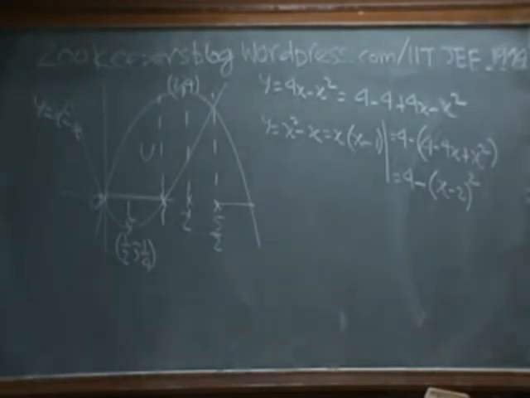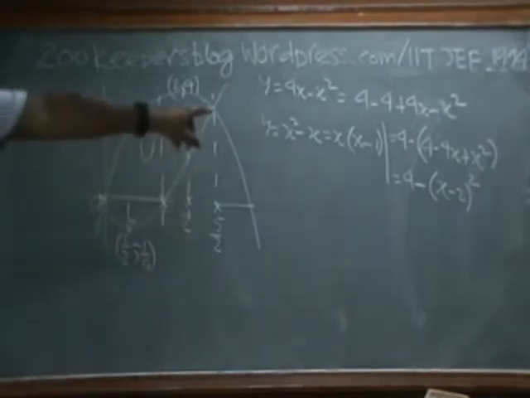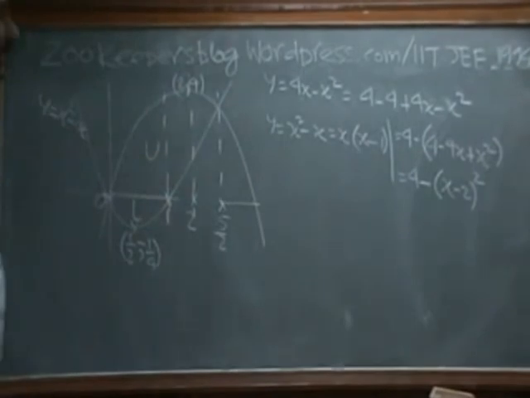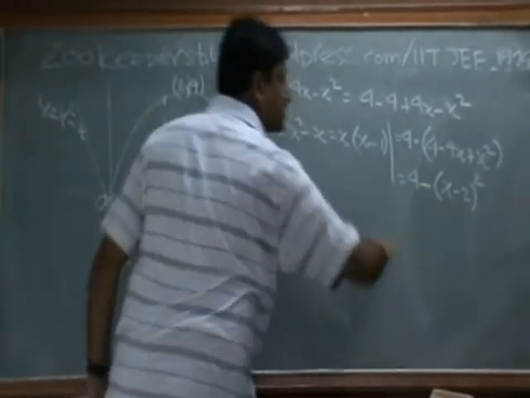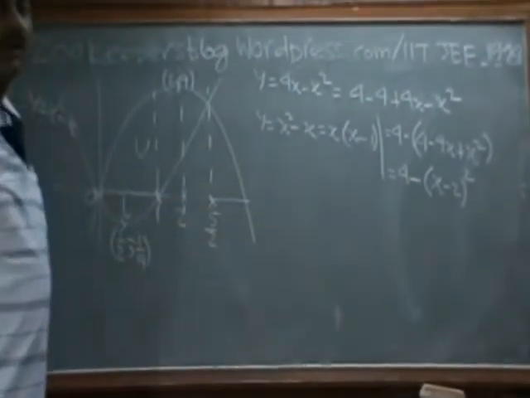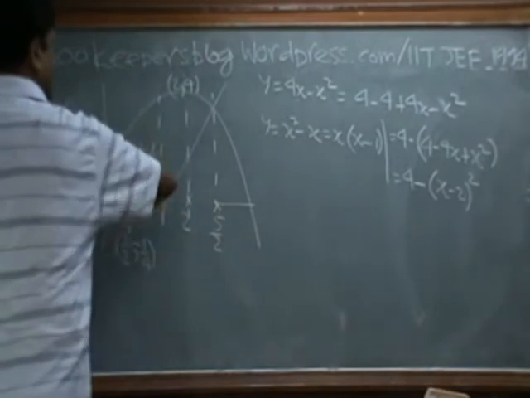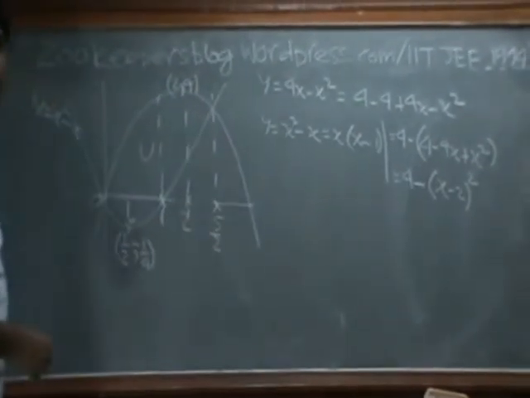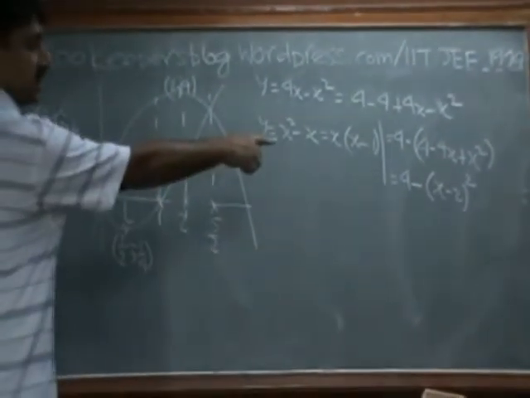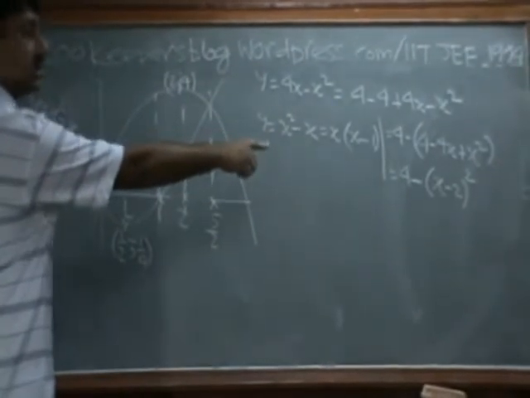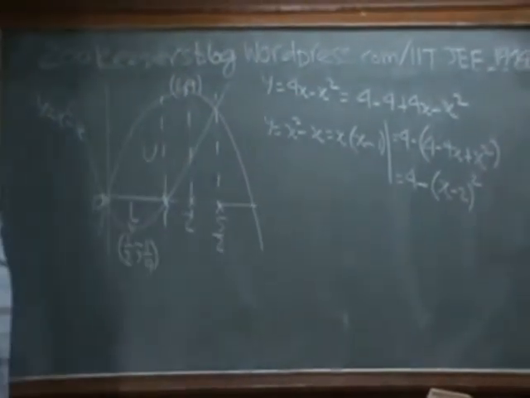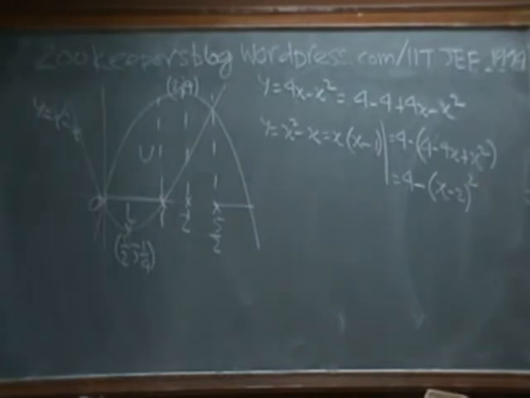So this is a great way to find out the maxima in this case, because x minus 2 whole square is negative. Because it is minus of x minus 2 whole square, it's a parabola which is inverted, and it will be symmetrical around x is equal to 2. At x is equal to 2, x minus 2 is 0, so the max value is 4, which means the apex is 2, 4.